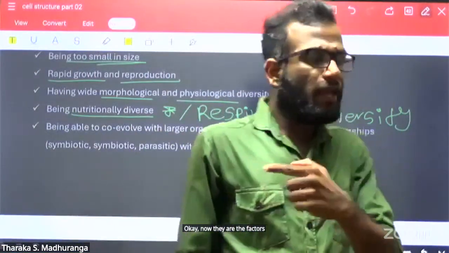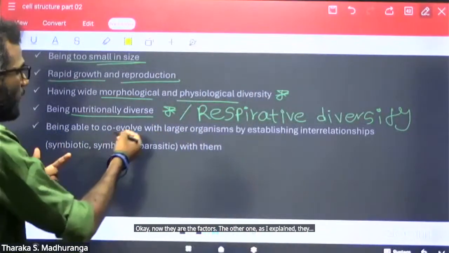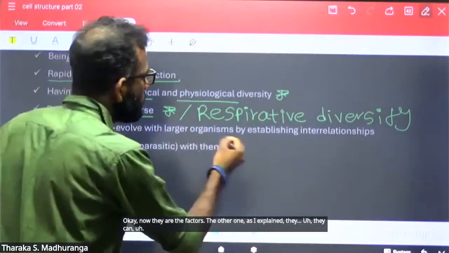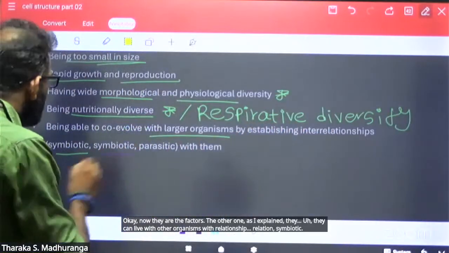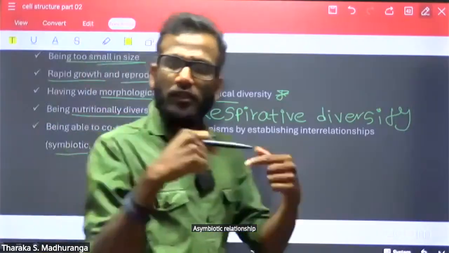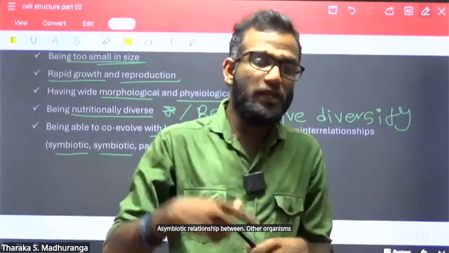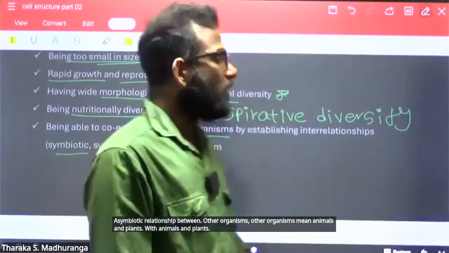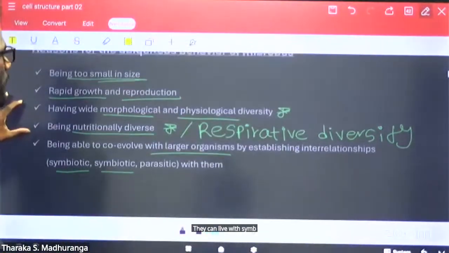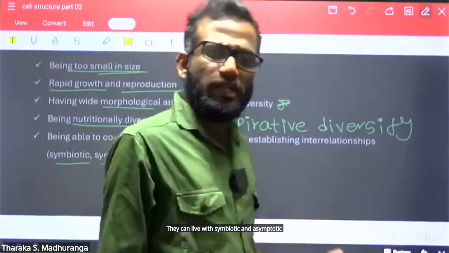The other one, as I explained, is that they can live with other organisms in symbiotic and asymbiotic relationships. Other organisms mean animals and plants. With animals and plants, they can live in symbiotic and asymbiotic relationships. Okay, these are the factors.